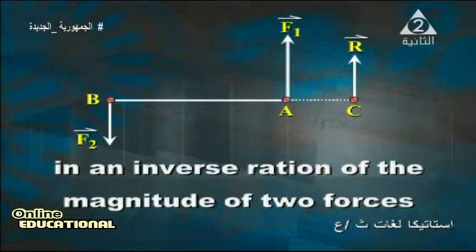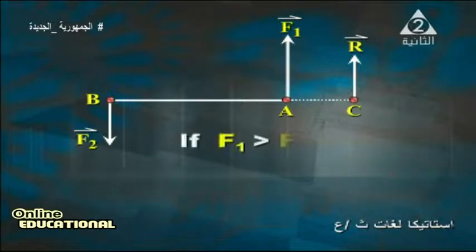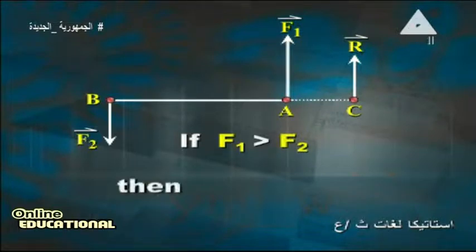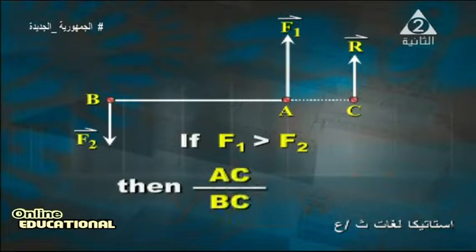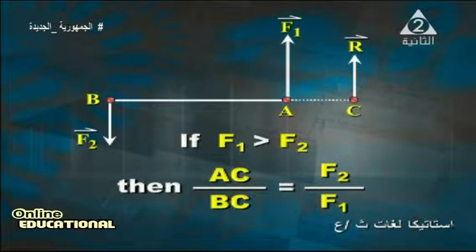In an inverse ratio of the magnitude of the two forces, if we have F1 more than F2, therefore we deduce that AC over BC equals F2 over F1.